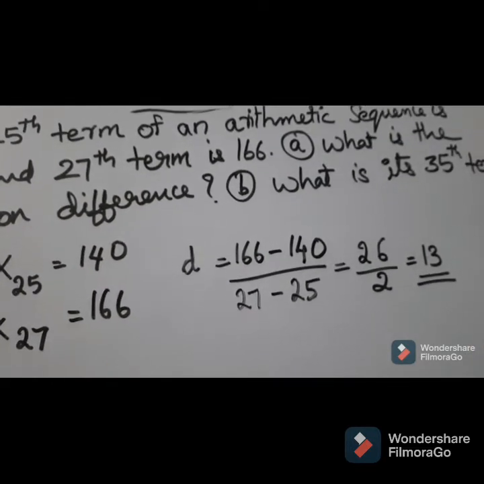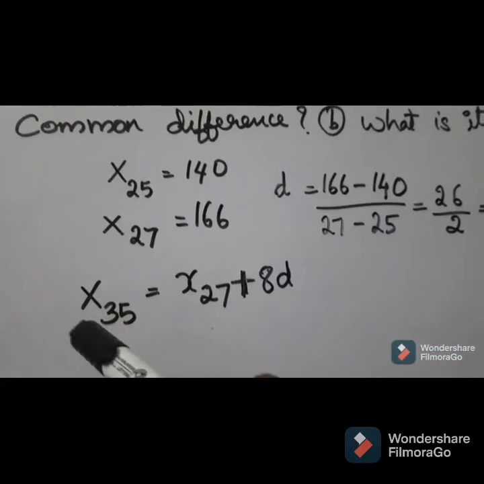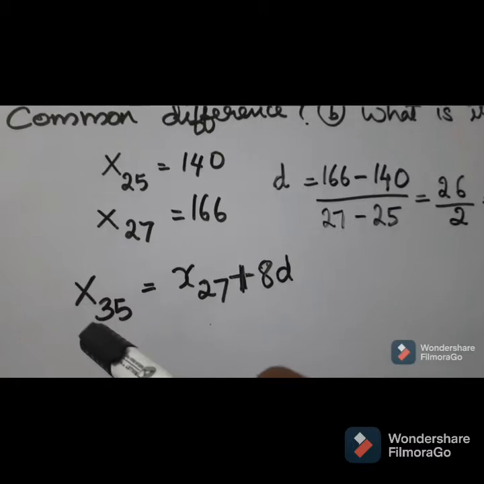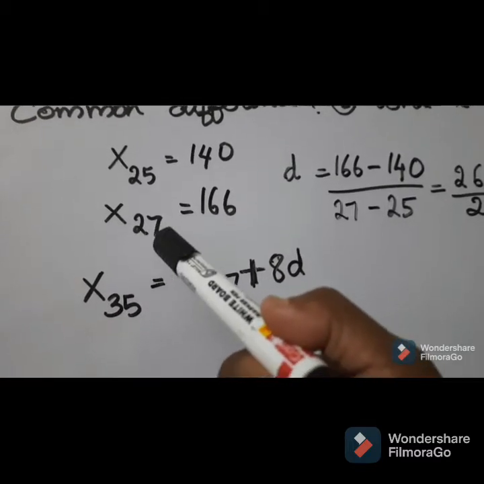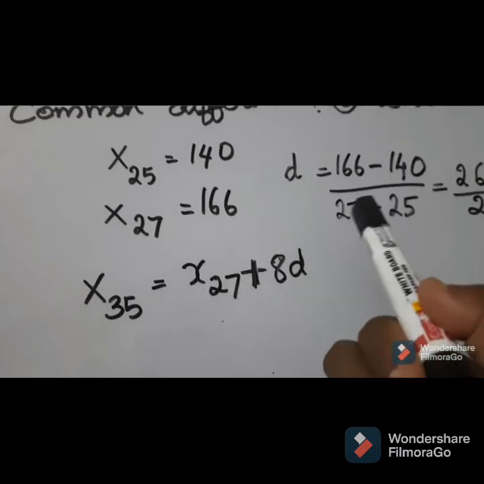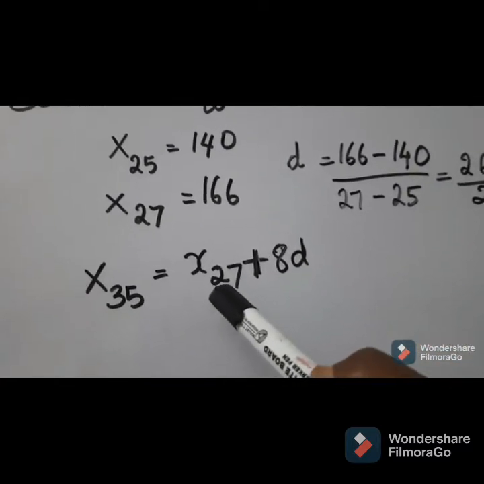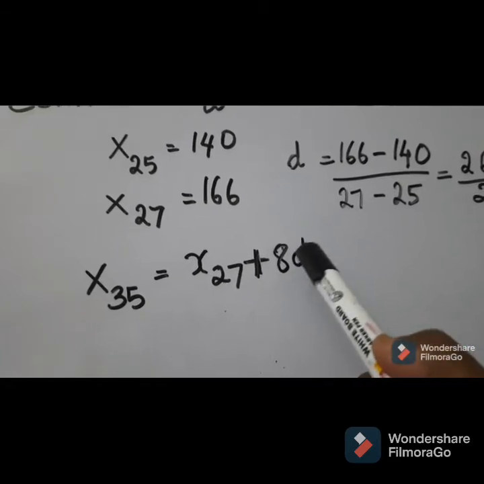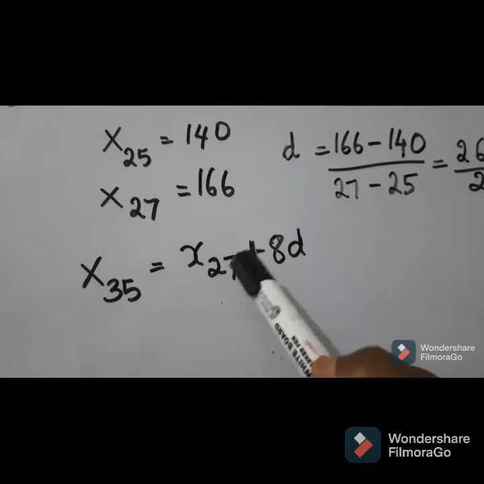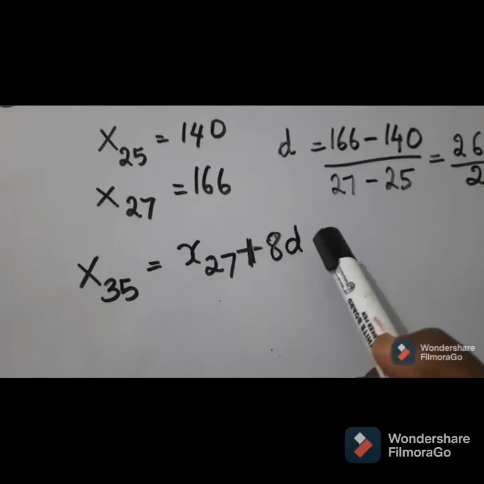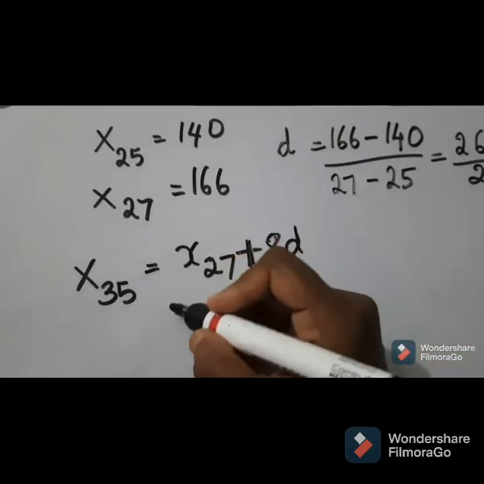Now we want to find the 35th term. We already have the 27th term. That means we can use this logic. After 27, how many steps? 8. It will come to the 35th position. That is 8 times the common difference, you can multiply.